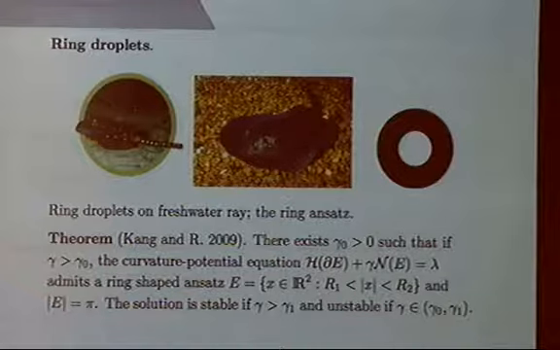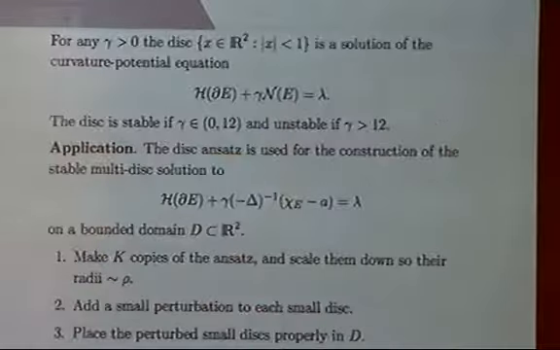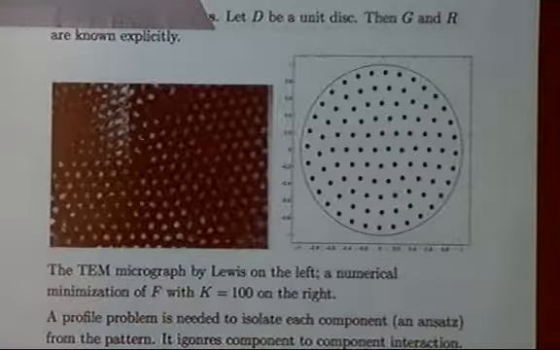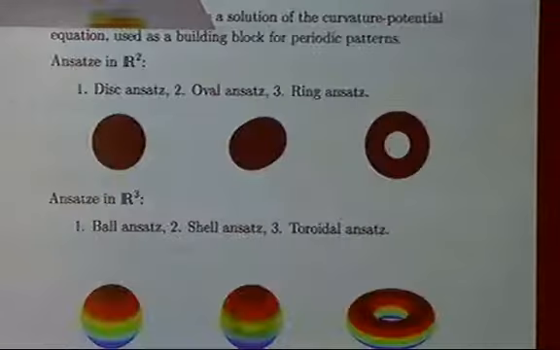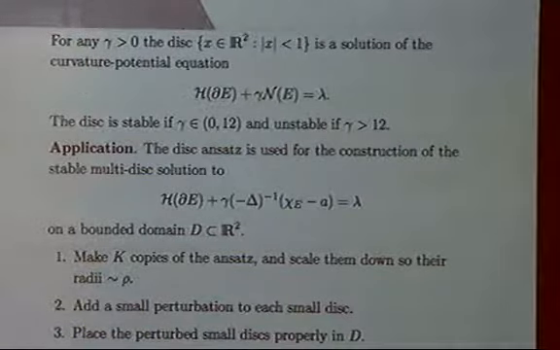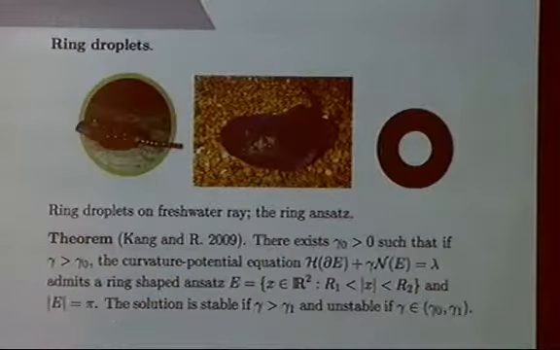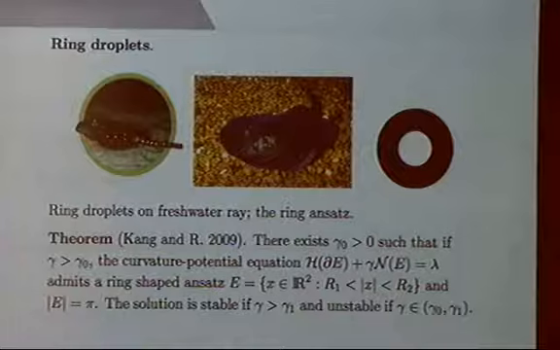Now, you may find this not very intuitive, because if you compare it with the earlier stability result, what I said was that in the ball case, your solution is stable if gamma is small. But now in the ring case, our solution is stable if gamma is large. Why is that? When you look at the disk case, the disk has a fixed radius for any gamma.